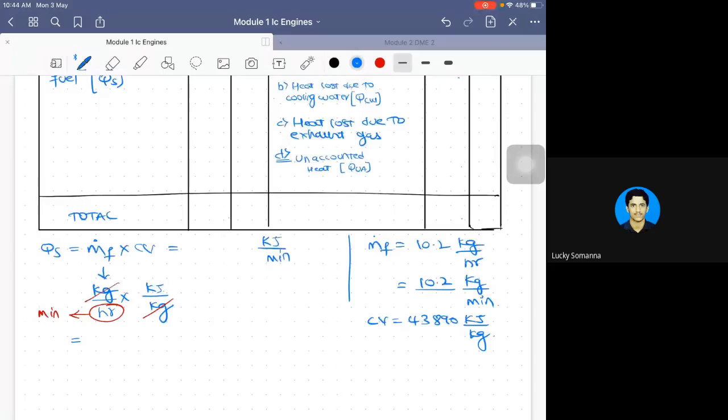So MF is 10.2 divided by 60 cross 43890. Whatever you get now, it would be in kilojoules per minute.